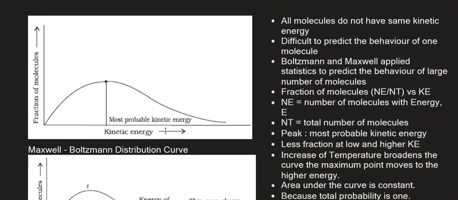As I already discussed, all molecules do not have the same kinetic energy. So it would be very difficult to predict the behavior of one molecule because it is something like a batch process. It would be very difficult to identify a single element and predict its behavior, but batch-wise we can do it. How?